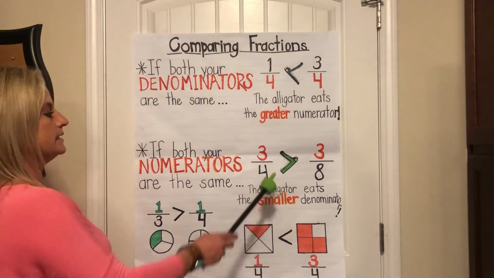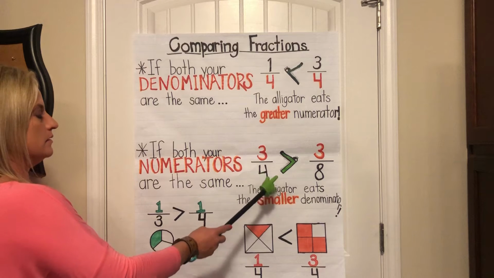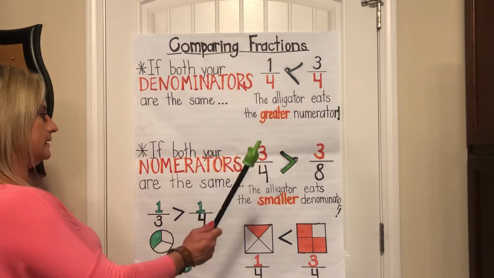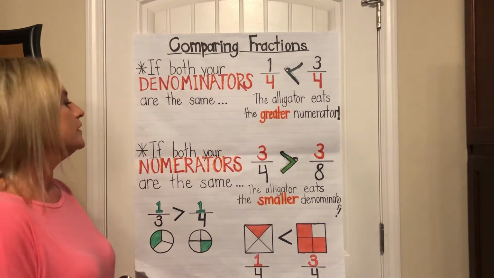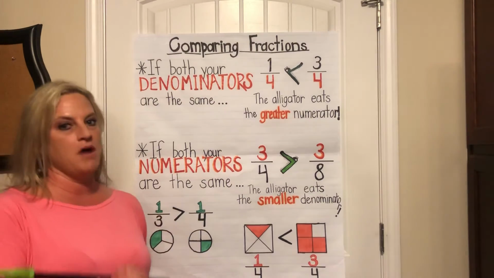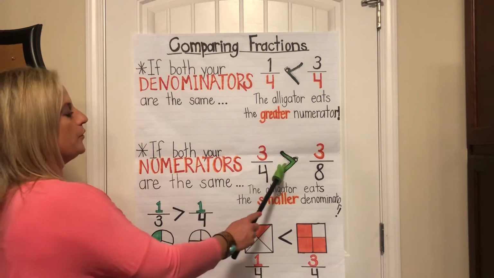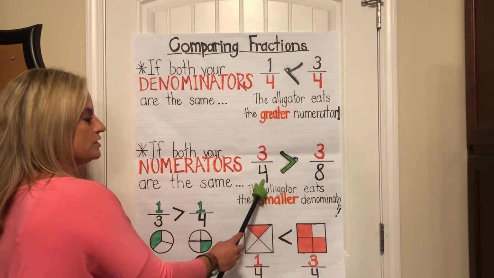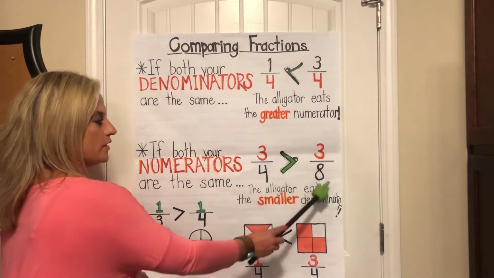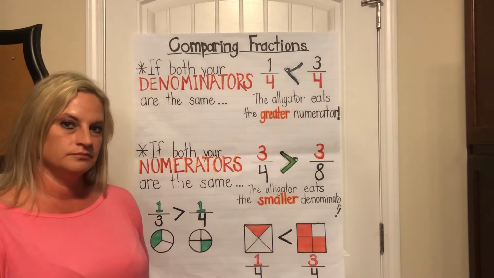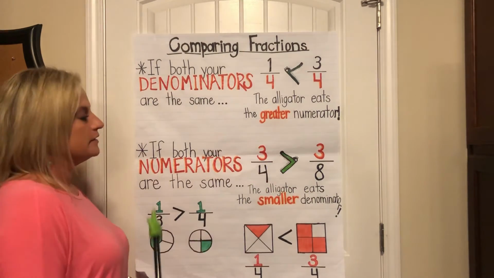So in this case, we're going to look at what is smaller. So the alligator eats the smaller denominator in this case, okay? So don't let that trick you. So which number is smaller? The 4 or the 8? Definitely the 4, okay? So that's kind of tricky.